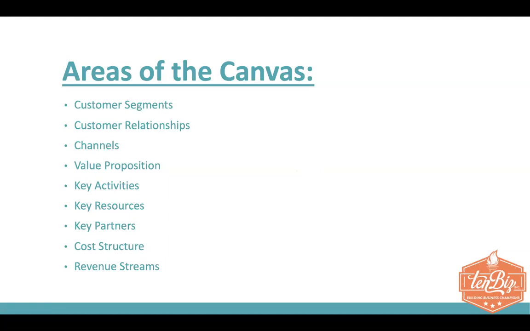And Nicole's asked that I restate what channels means. So channels is what I would look at when I'm talking about distribution. So channels basically means I, as the business, have whatever my product or my service is. The channel is how it gets into the hands of the customer.